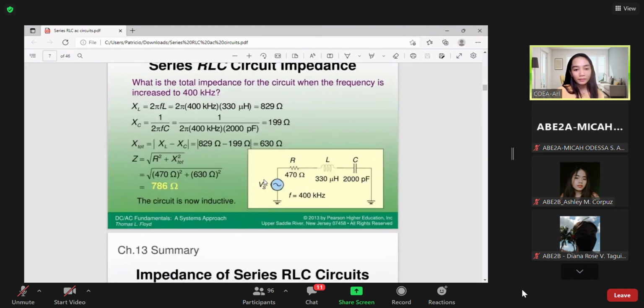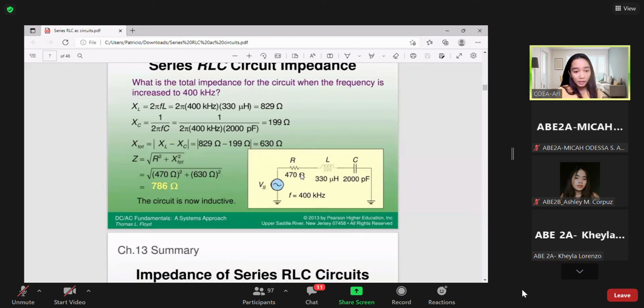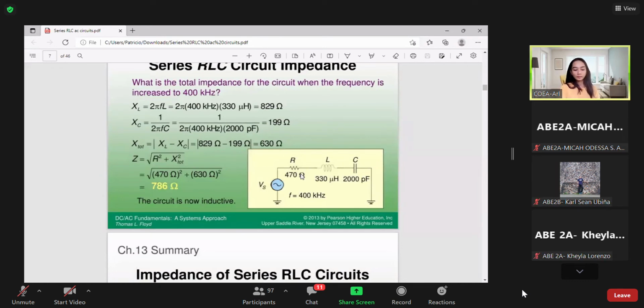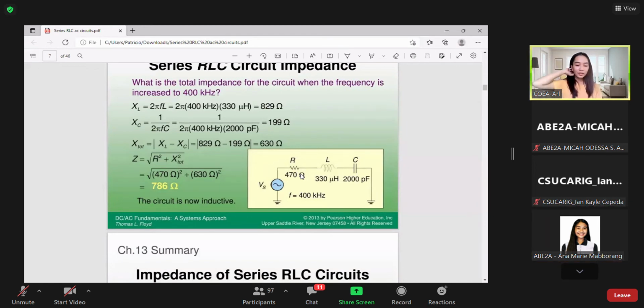Okay, how about this one? Another example, di ba? Medyo puro paulit-ulit lang yung example. So, parang tamang input lang. Let's input in our calculator 470 plus 630i naman. 786.0025445, ma'am. Angle? 53.28. 53.275.